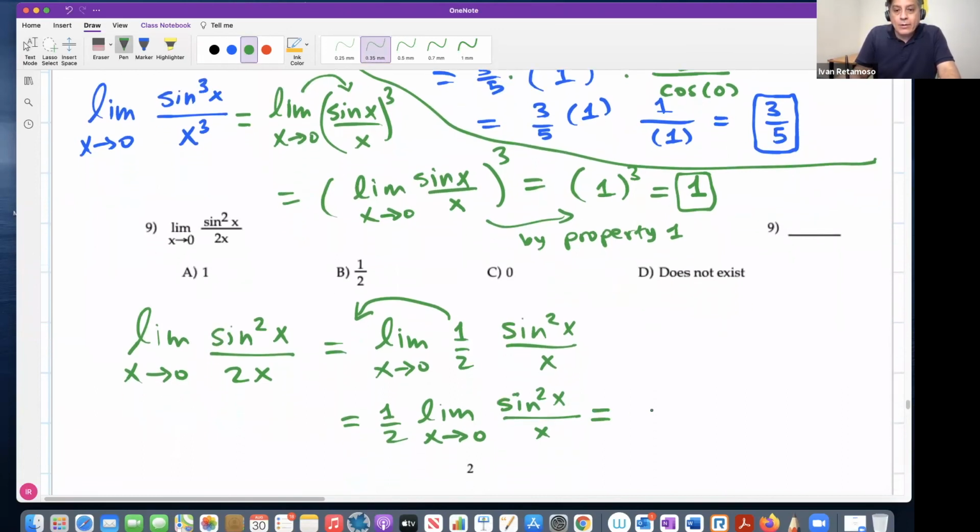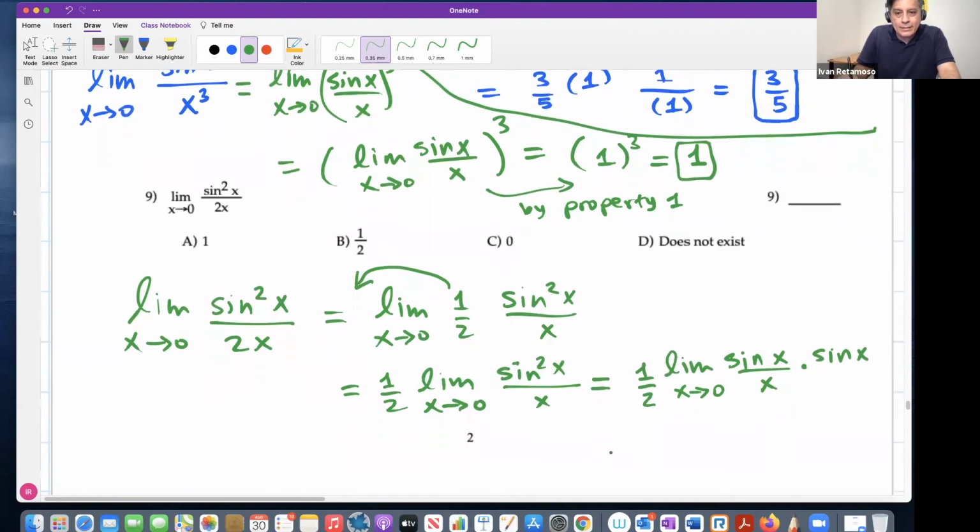Yeah, you're close, but notice this guy is not sine of x over x. It's sine squared of x. Because of that, I would suggest you do this: times sine of x. Break it down this way, and then distribute your limits. And try to figure out the answer.